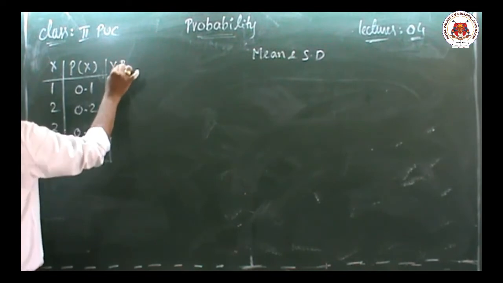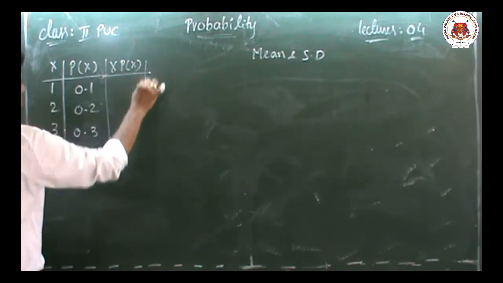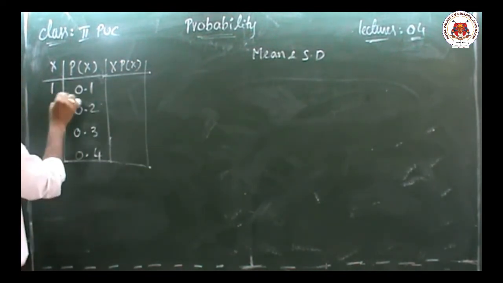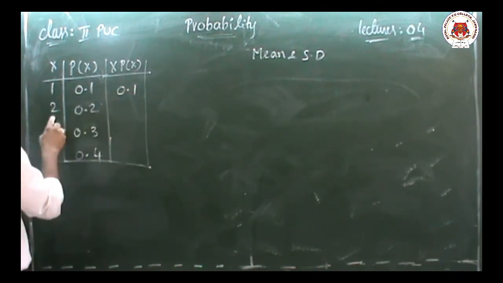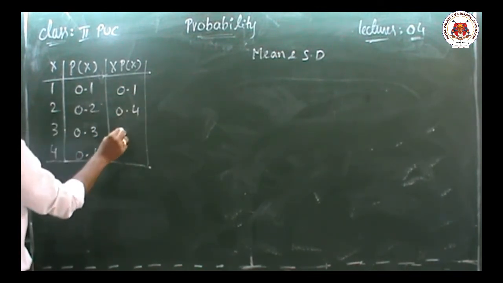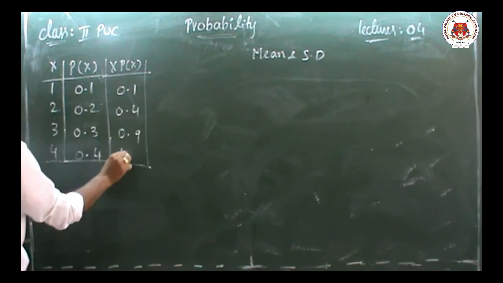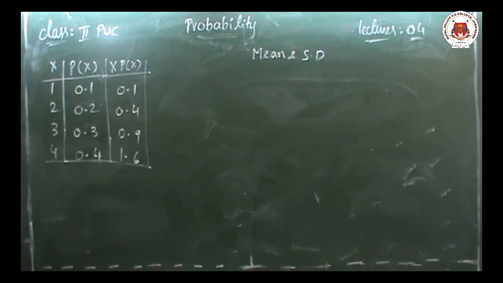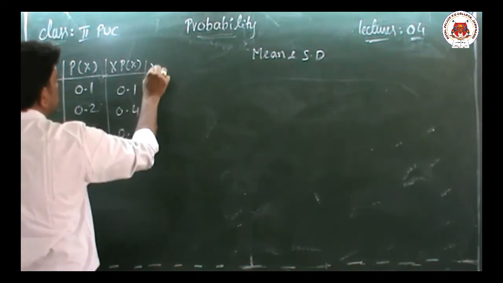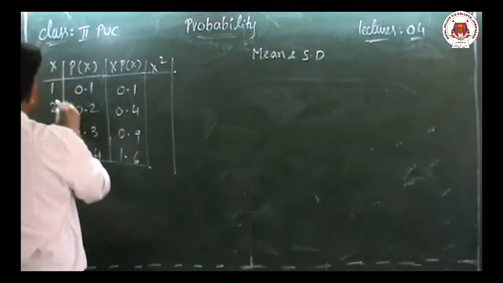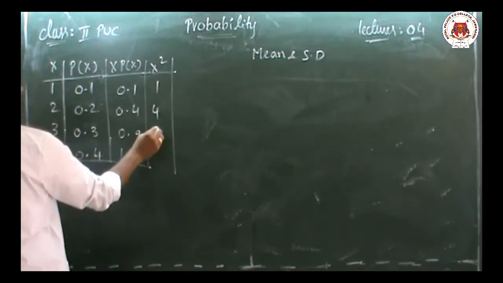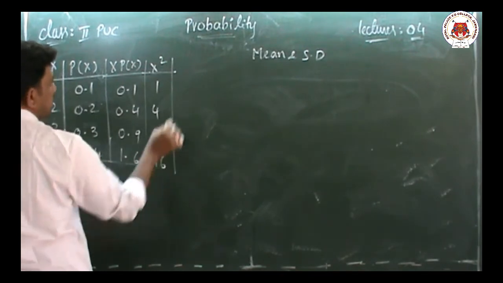So first of all we have to find x into p of x. This is very important. So x into p of x means 1 into 0.1 is 0.1, 2 into 0.2 is 0.4, 3 into 0.3 is 0.9, 4 into 0.4 is 1.6. Next we write x square: 1 square is 1, 2 square is 4, 3 square is 9, 4 square is 16.